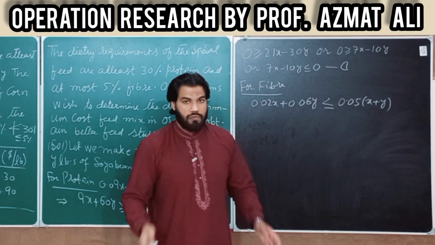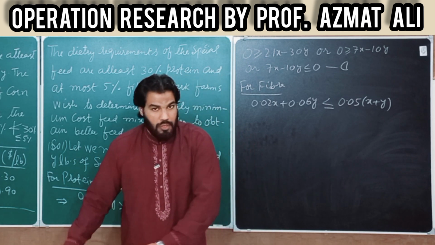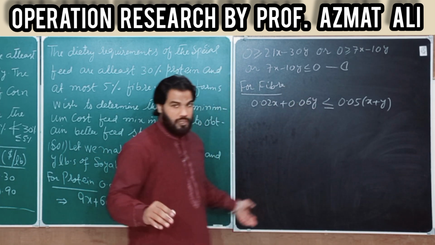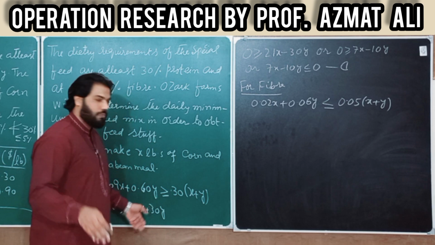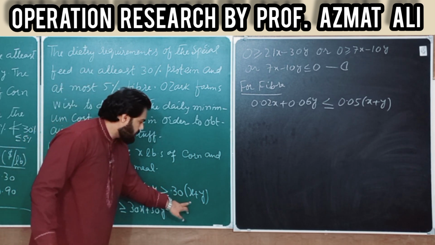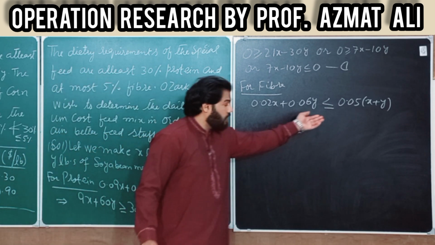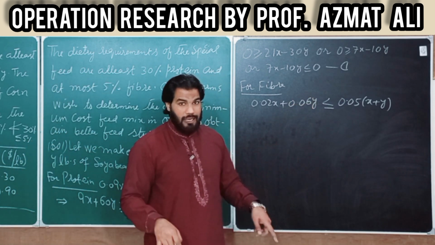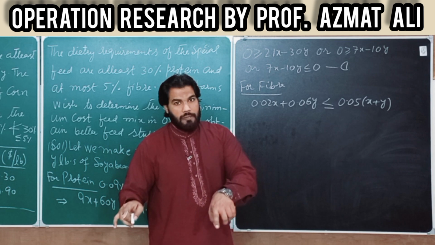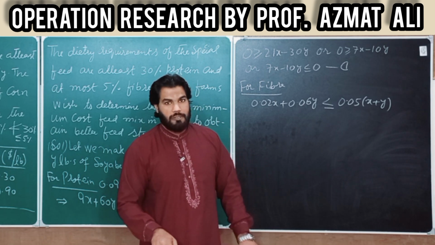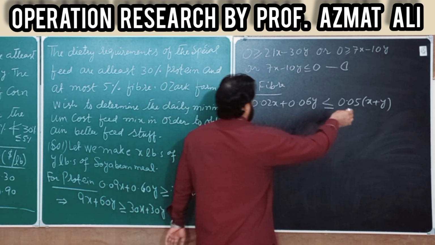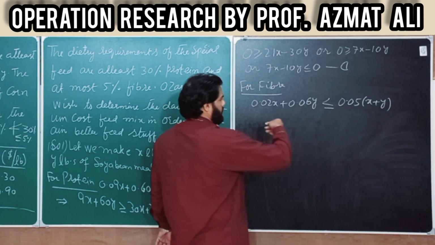This is the difference of this question from question number 1. Here right side is in the form of the percentage. When we take 30% it will apply on the total quantity x plus y. In the similar way, when we take 5% in case of fiber, this 5% also applies on total quantity x plus y. Next, multiply on both sides with 100.